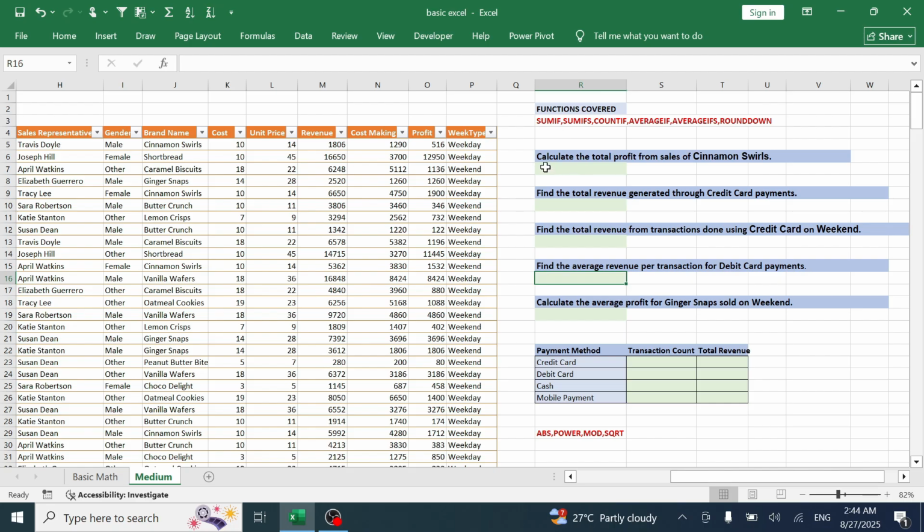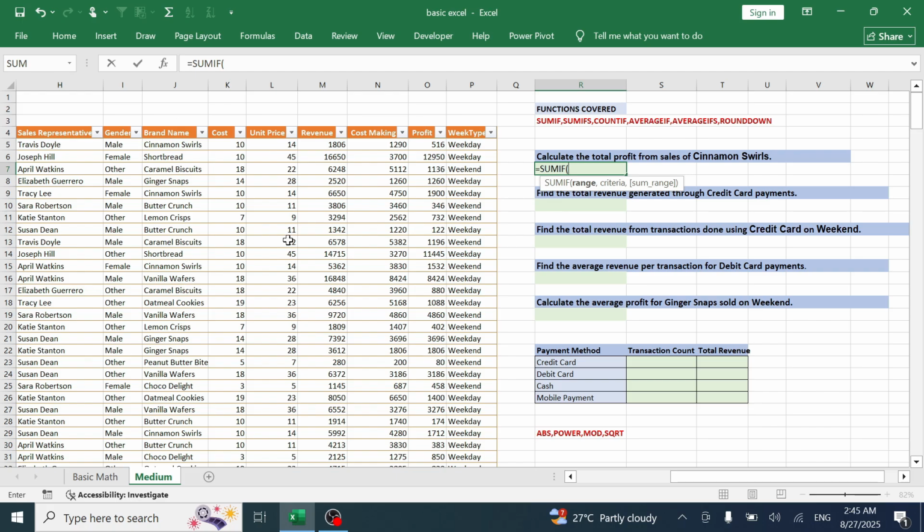The question is, calculate the total profit from sales of cinnamon swirls. It is a brand name, I think. Yeah, brand name. So how can we solve this problem? We have a condition. We need to calculate the profit of only a specific brand name. So here we need to use sumif. First we need to give the range for the criteria, where the criteria lies.